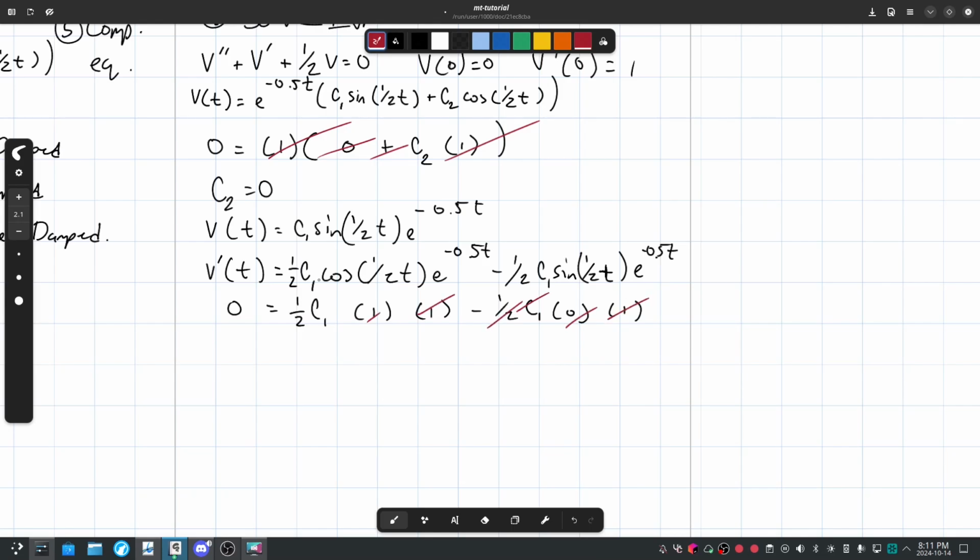Cancel, cancel, cancel. Our initial value is going to be 1 here. So that's going to be C1 is equal to 2. There you go. And now we can finally make our final equation. That's going to be e to the negative 0.5t times 2 sine of 1/2 of t.